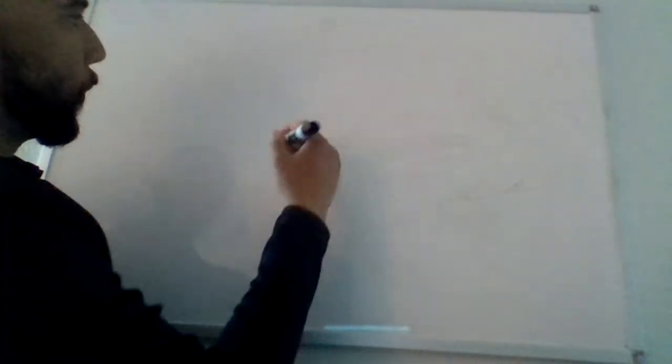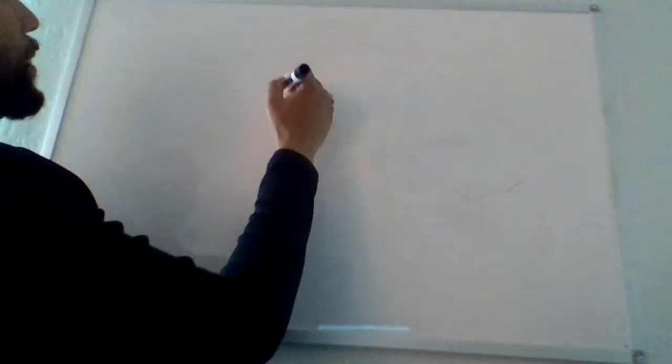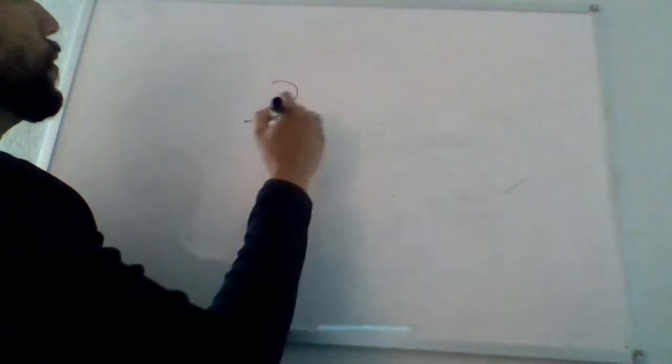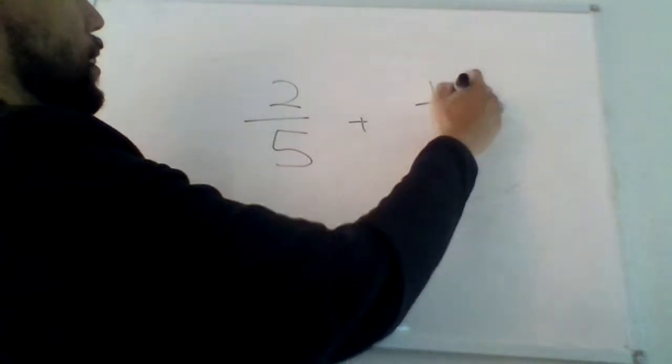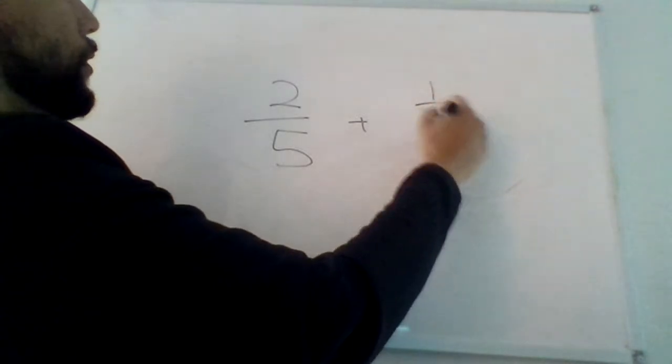Now, let's say you're not good with the greatest common factor, multiples. I'm going to give you what's known as the crisscross applesauce butterfly method. It's another algorithm, just steps you have to memorize. All right? So let's say we're talking about 2/5 plus, let's just say, 1/3.